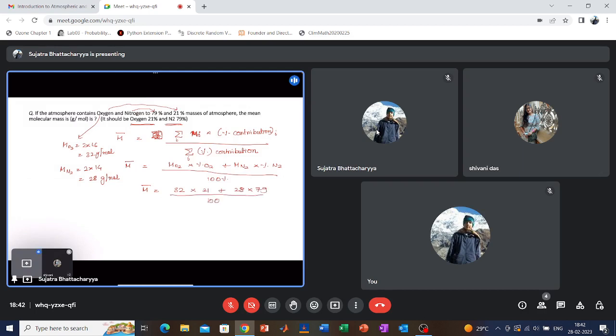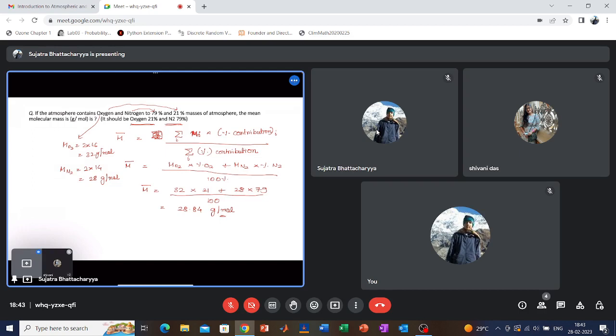Now if you do it, let me do it, 32 into 21 is about 672 plus 28 into 79, 2884, divided by 100. So its answer comes out to be about 28.84. Maybe this is the answer or very near to that this answer is present.